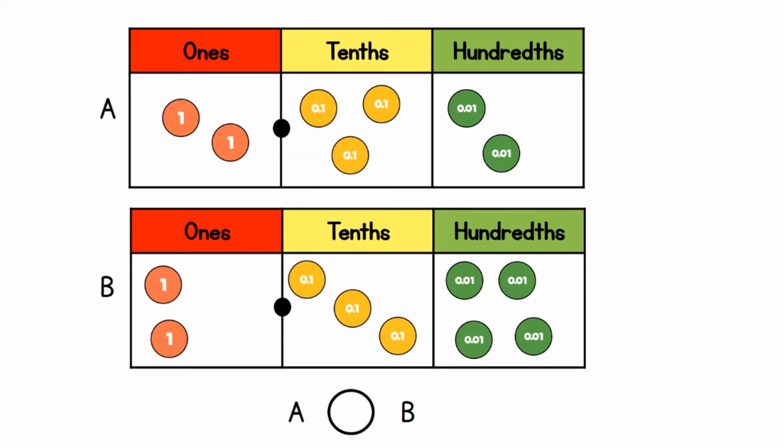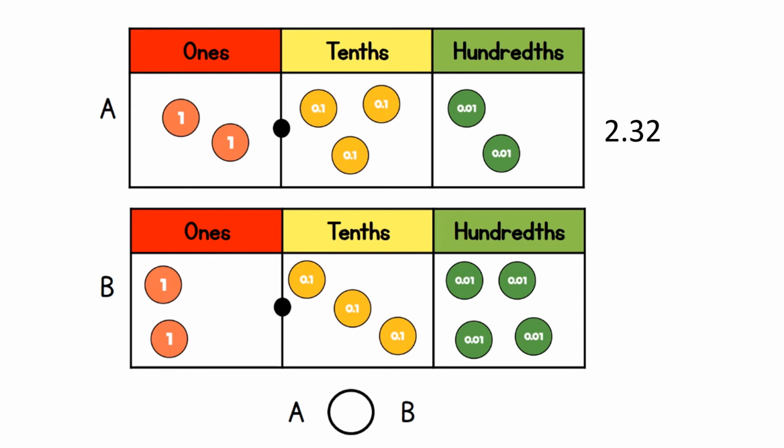What do we have over here? So we have A, B, 2 ones, 2 ones, 3/10, 3/10. So these two columns are the same. So because they're the same, we have to look through the hundredths column. So let's take a look through that. We have 200ths and 400ths. So what number is represented over here?